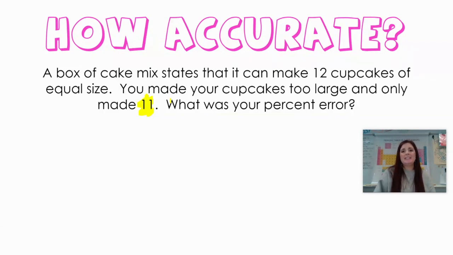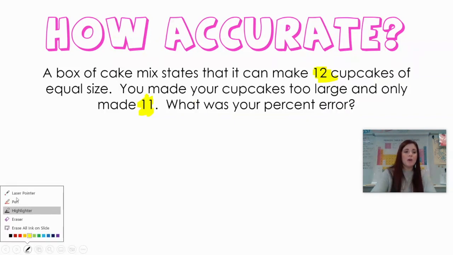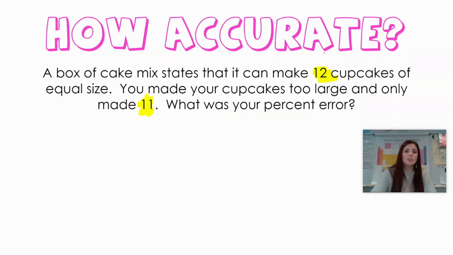The box states, however, that we should technically make 12 cupcakes. So in this case, that 12 is going to be our accepted value. So let me get a different color here. So this 12 is our accepted value. I'm just going to put ACC next to that. Whereas our 11 is our experimental value for that. That's what I got as a result of doing this.